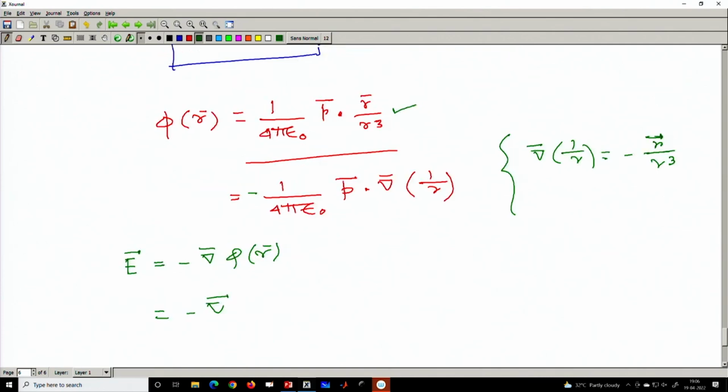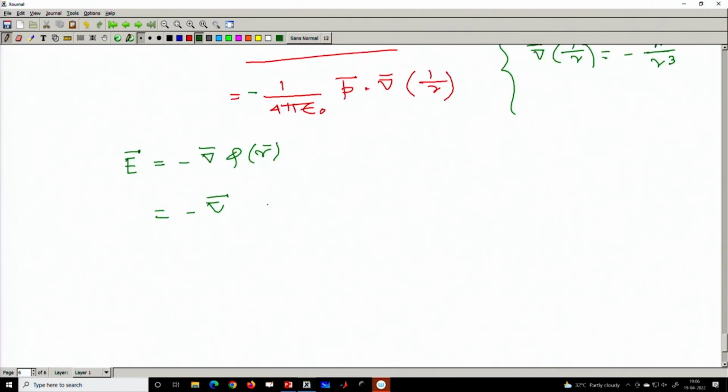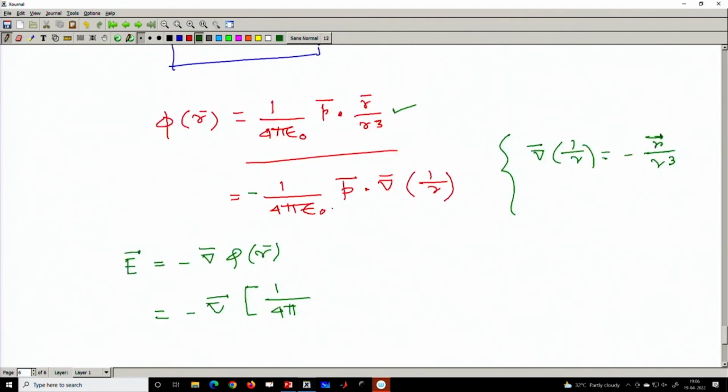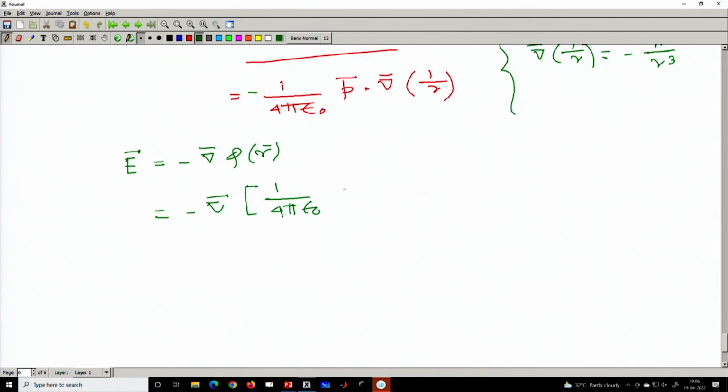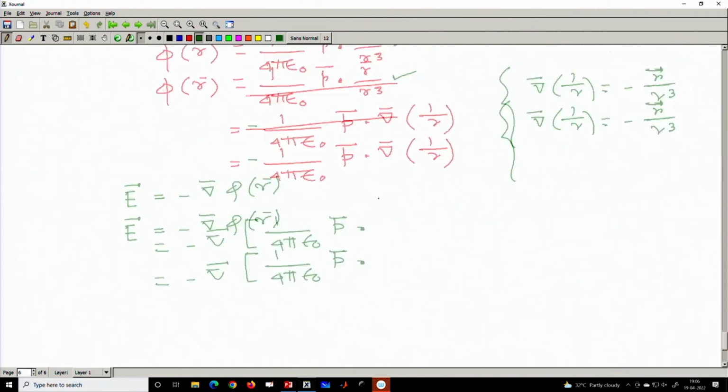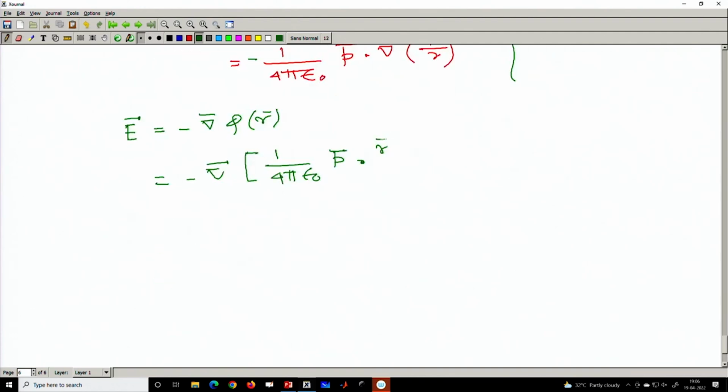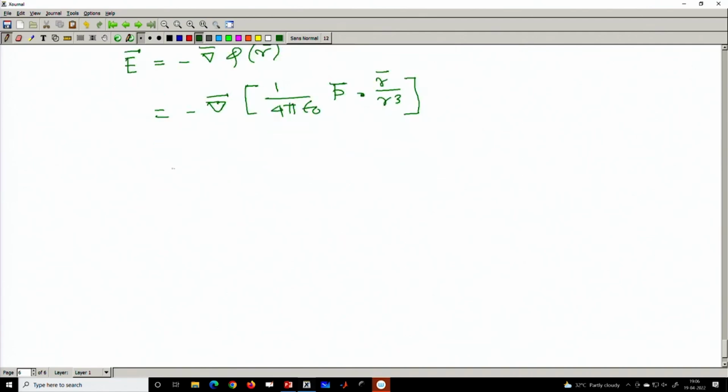If I use this, it is simply minus of 1 by 4 pi epsilon 0 and P dot r by r cube. So that quantity I can manipulate and try to find something.